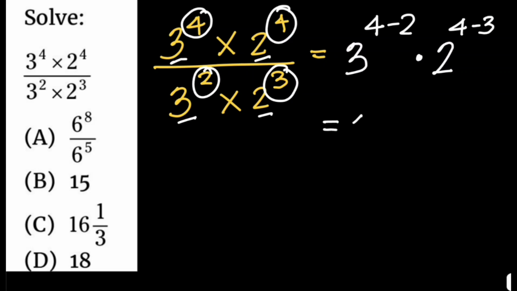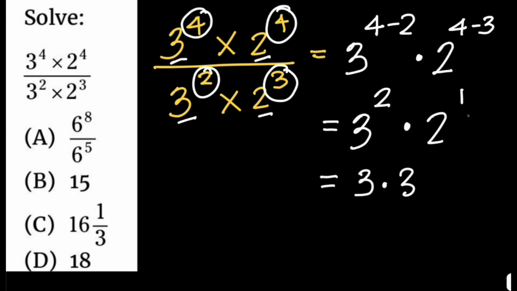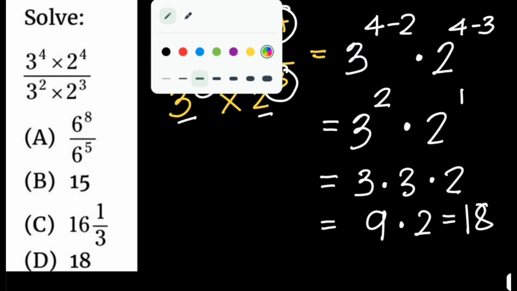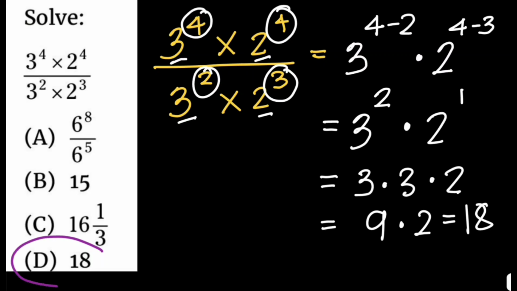Then we have 3 to the 4 minus 2 is 2 times 2 to the 4 minus 3 is 1. Then 3 squared is 3 times 3 and then times 2. So this is just 9 times 2, which is equal to 18. Therefore, the answer here is letter D.